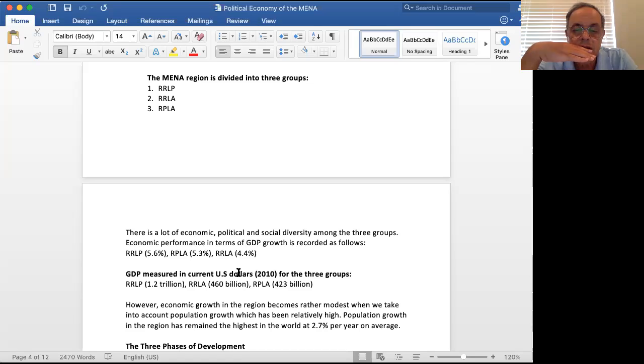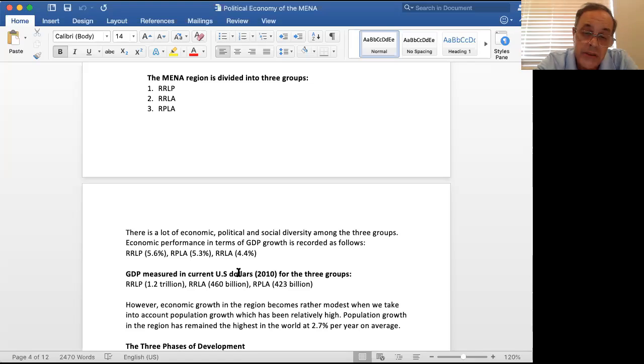So you can see the ranking of the MENA region, as far as the groupings are concerned in terms of economic performance: first RRLP, second RPLA, distant third RRLA, resource-rich, labor-abundant.